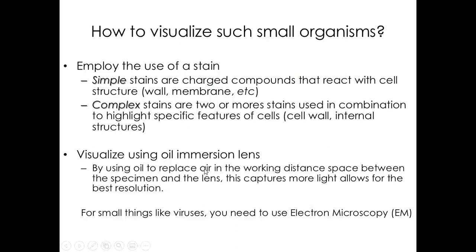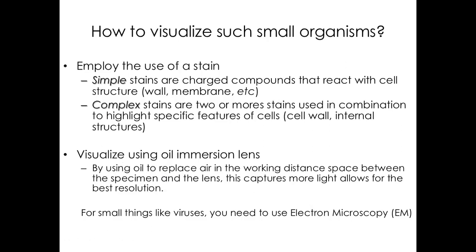And when we're working with bacteria in the microscope, we always have to use the oil immersion lens. That is the 100x lens on the microscope, so that we can visualize these guys, because they're so small. And you remember, if you have the 100x oil immersion lens and your 10x ocular lens, your total magnification is 1000x, right? So we use oil because the distance between the lens and the sample, the slide, is very small.